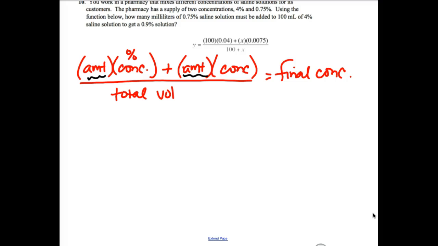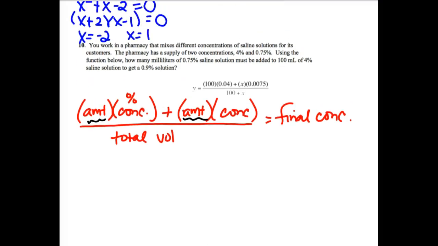In this case, we are being told that we have two different concentrations of saline. We have a 4% solution and we have a 3/4% solution. We are trying to combine them to create a solution that is 0.9%.